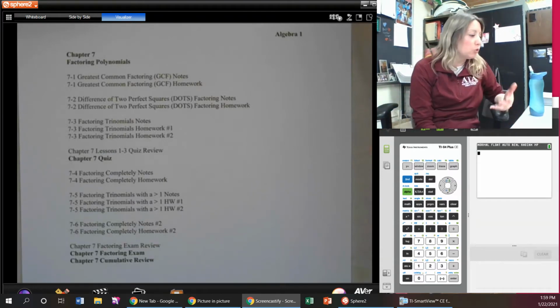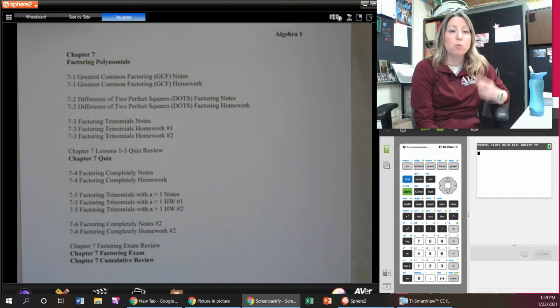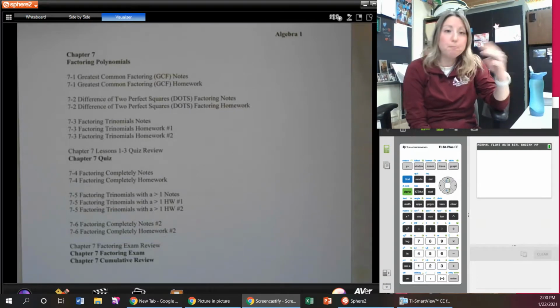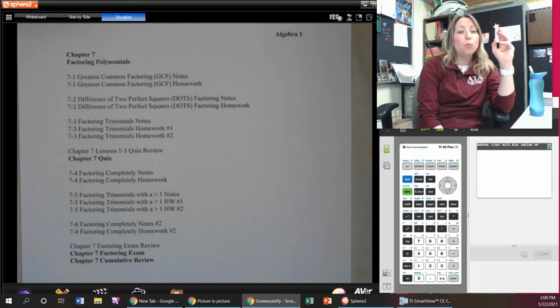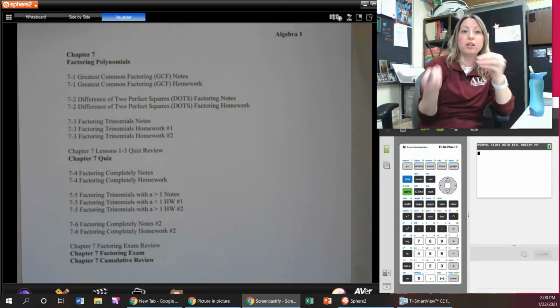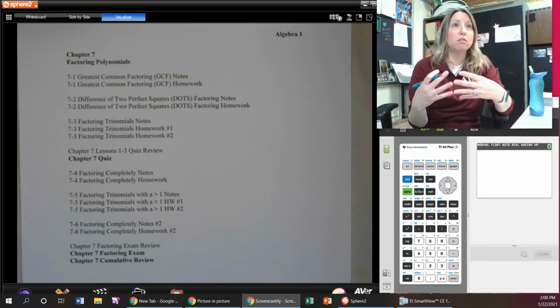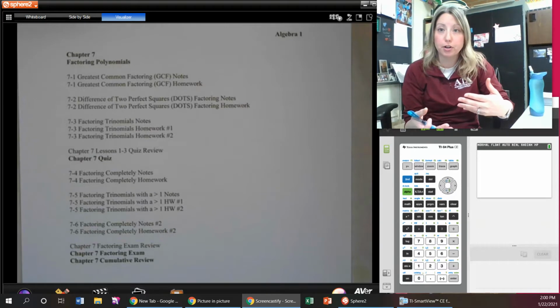Okay. So we're going to start with the three main types that we're going to look at, which is greatest common factoring, then difference of two squares factoring, then factoring trinomials. We will review, we will quiz, and then we will get into something called factoring completely, which will mean multiple steps of factoring occur.